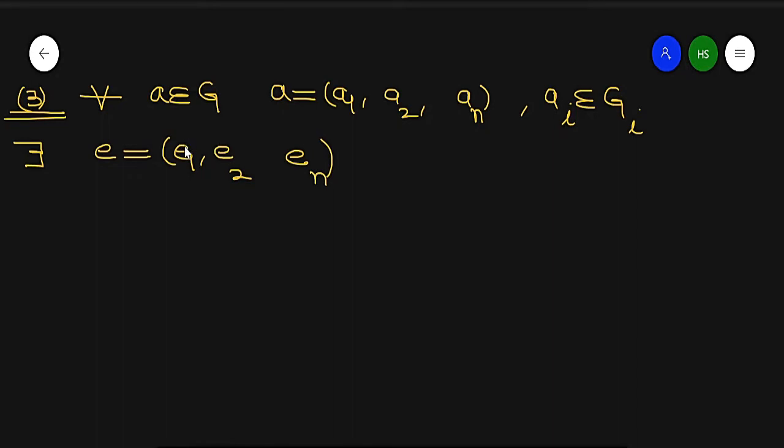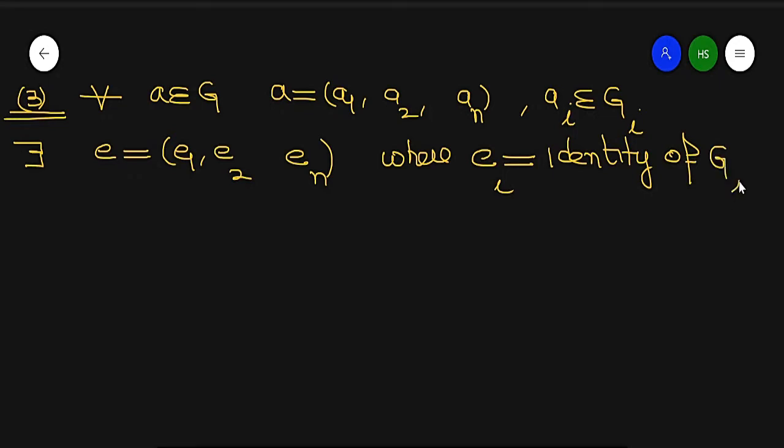So what is this? It is the identity of G1, identity of G2, identity of Gn, where ei is the identity of Gi.